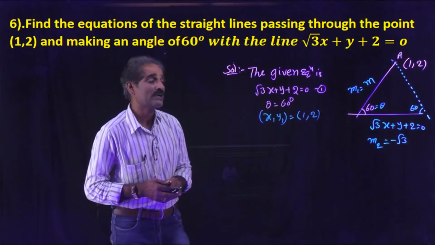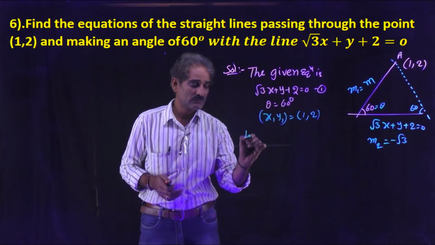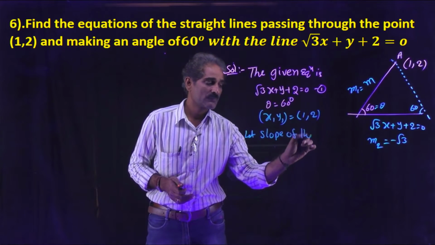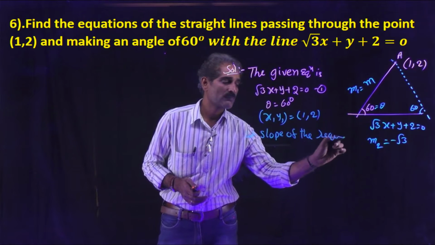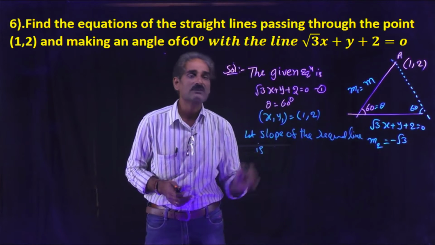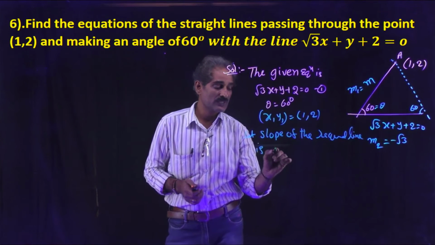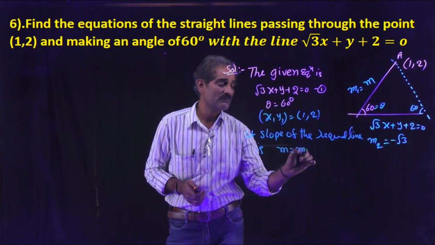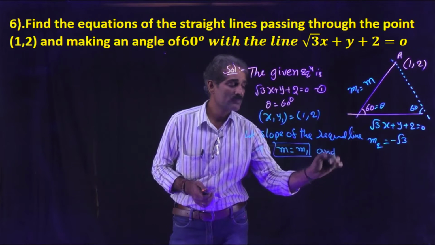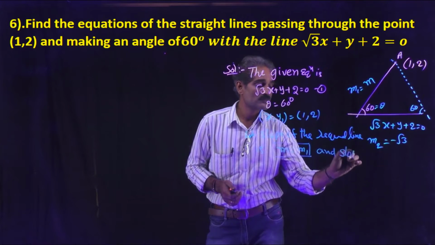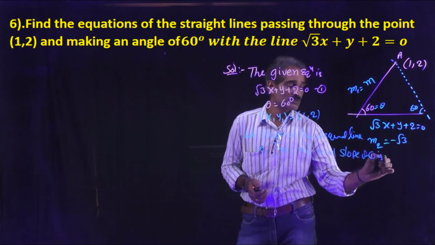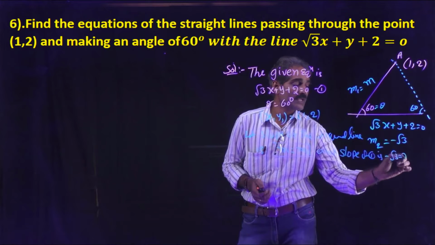Let the slope of the required line be m, that is m1, and the slope of the given line is minus root 3, that will be m2.